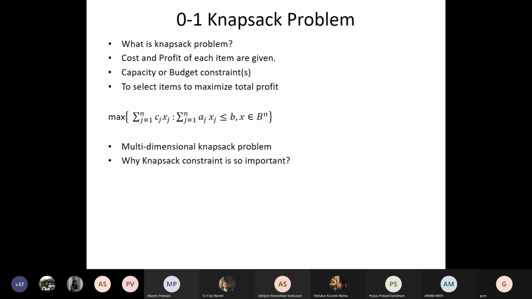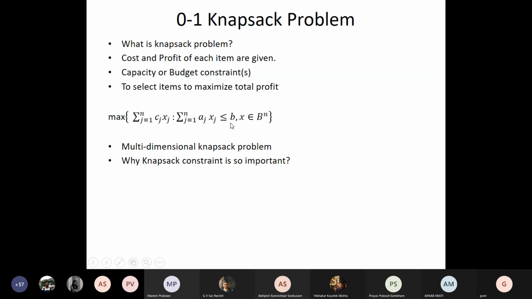So here, for each product, which has a different volume, say AJ. You see here given is AJ. AJ is the volume of the product, and then CJ is the return, the profit or value associated with that product. And the knapsack problem tells you to maximize the total value of the products to be put in the bag. So maximize summation CJ XJ such that the volume of all the products put in the bag, that is the summation of AJ XJ, is less than or equal to small b.